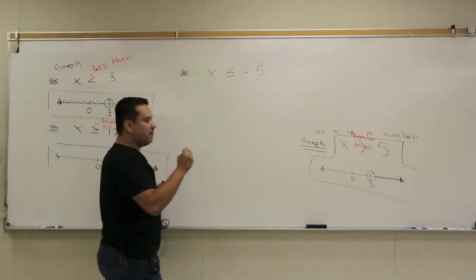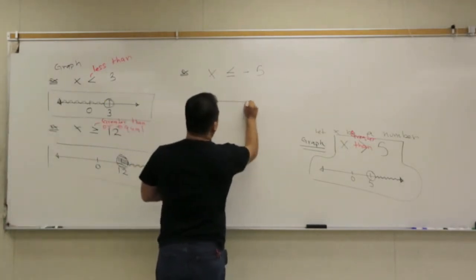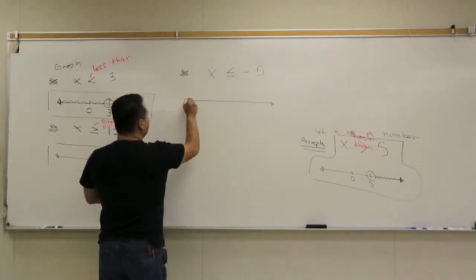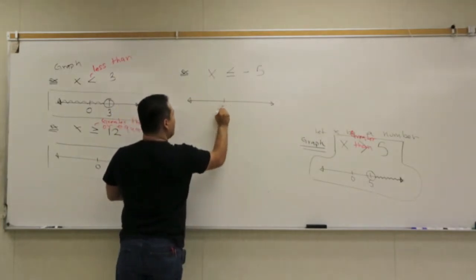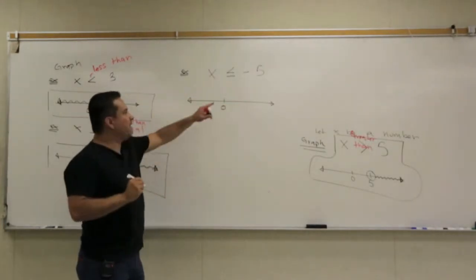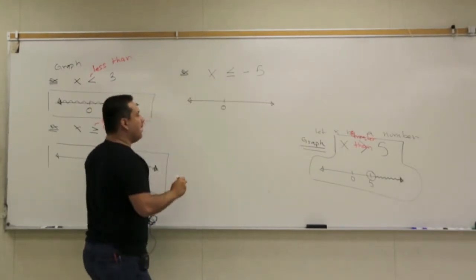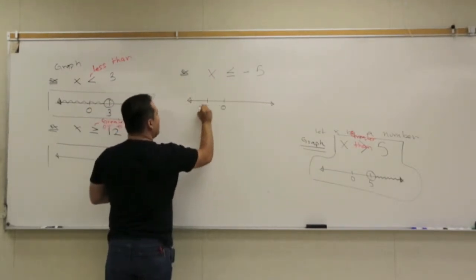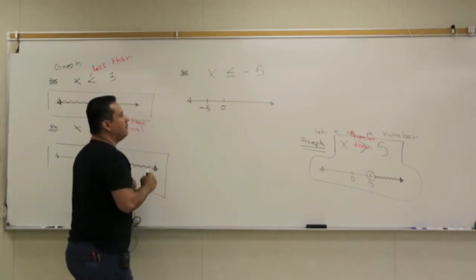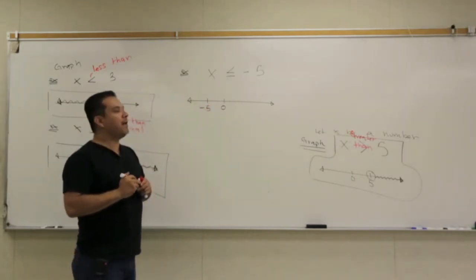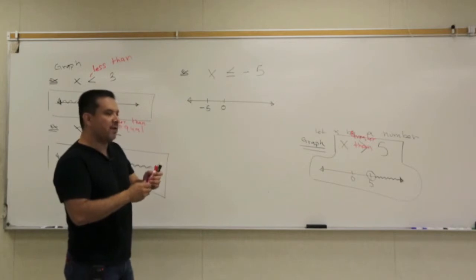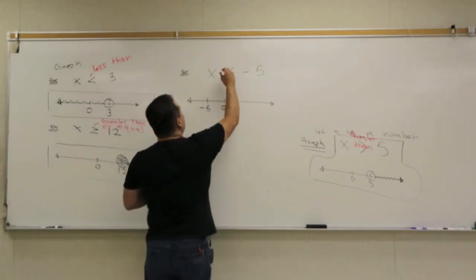Okay, so the first step again is to draw that real number line. I locate where 0 would be. Where would -5 be? To the right or to the left? To the left. Okay. Maybe over here somewhere, -5. Now go back and read what this means. What kind of symbol is that?